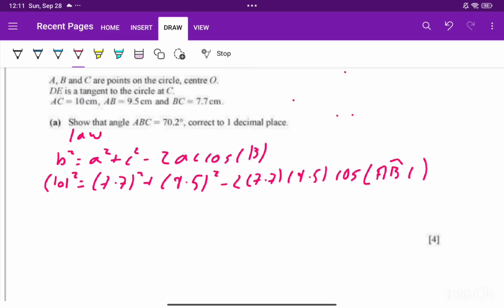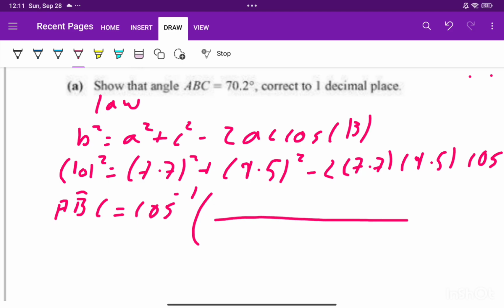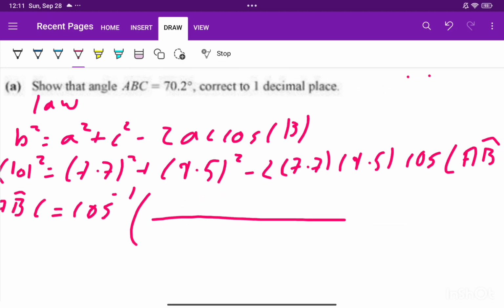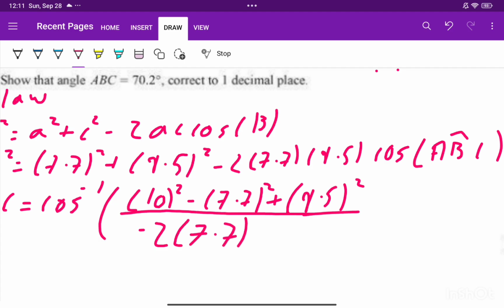Okay, so we can write angle ABC equal to cos inverse of 10 squared minus 7.7 squared plus 9.5 squared, and then minus 2 times 7.7 multiplied by 9.5.